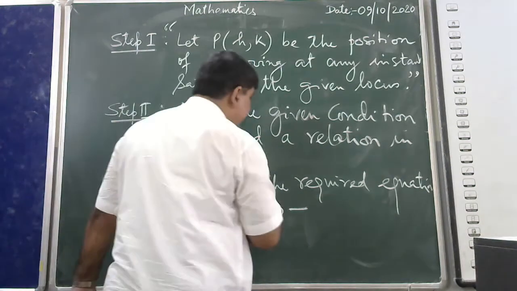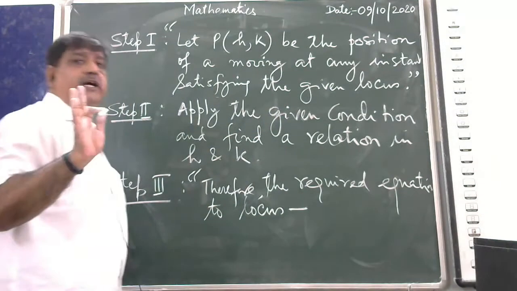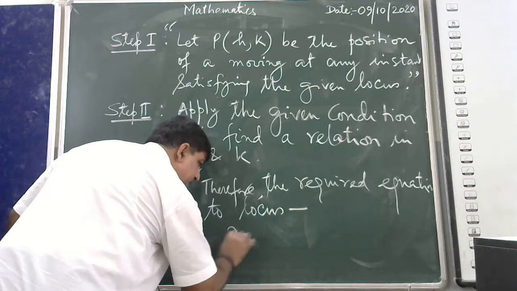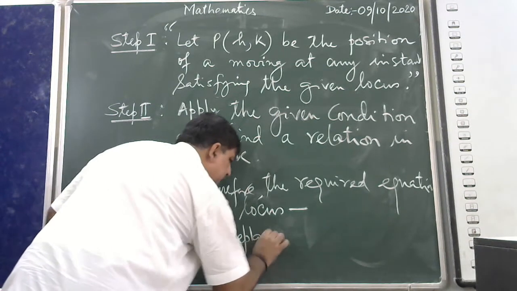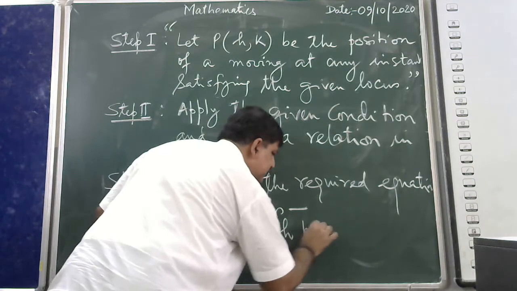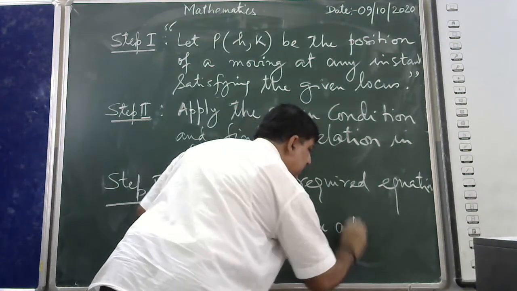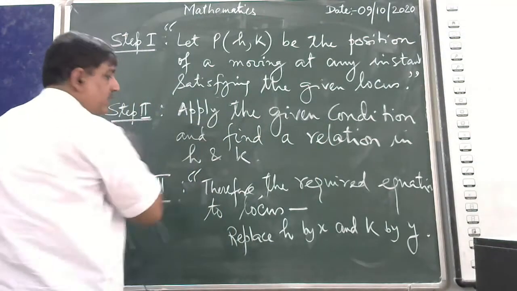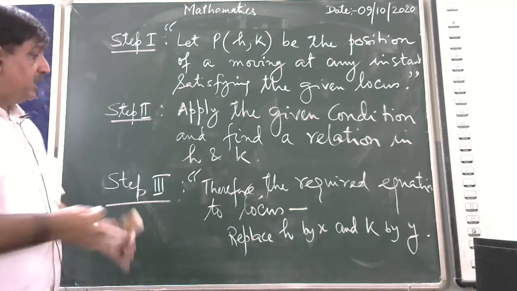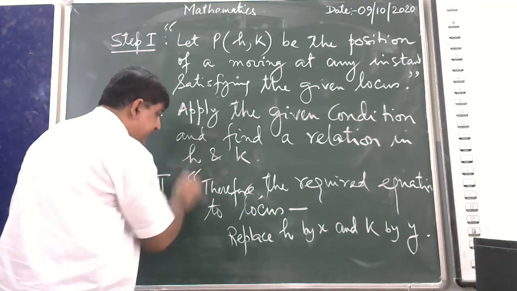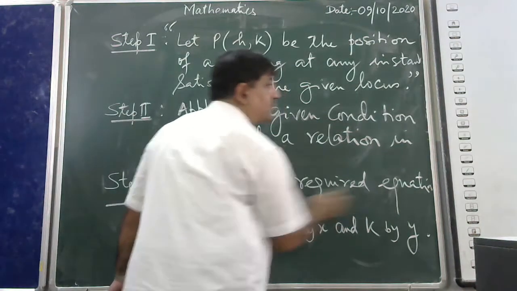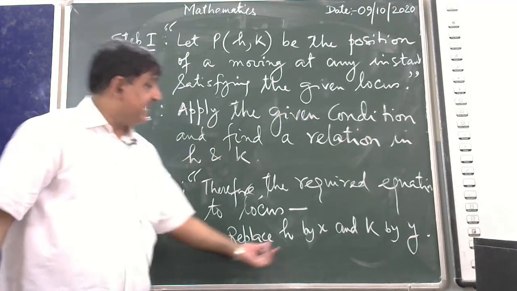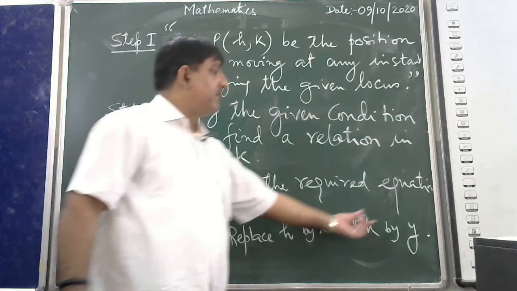Therefore, the required equation to the locus is, just replace h by x and k by y. Whatever relation you get here, from that relation you must write this statement, therefore the required equation to the locus, and then below it you must replace h by x and k by y.